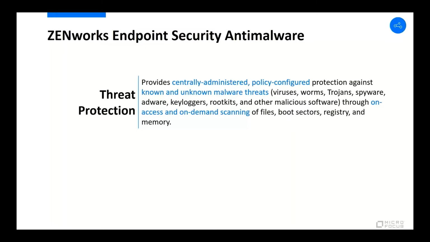What ZENworks Endpoint Security Anti-Malware does is it provides centrally administered, policy-configured protection against both known malware threats and unknown or zero-day threats. And this includes viruses, worms, Trojans, spyware, adware, and so on, through a combination of on-access and on-demand scanning of files, boot sectors, registry, and memory.